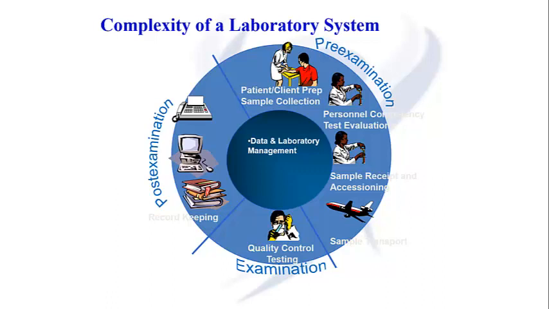The complexity of the system requires that many processes and procedures be performed properly. Therefore, the quality management system model, which looks at the entire system, is very important for achieving good laboratory performance.